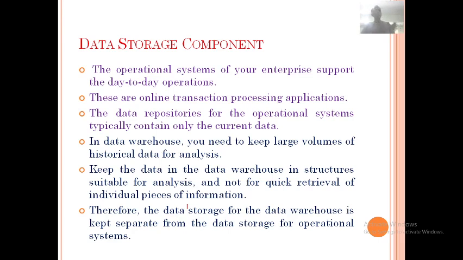Then the data repositories for the operational systems typically contain the current data. As I told, there are 10 different branches of Big Bazaar in 10 different cities. Whatever transactions the customer does will be stored in the database of that branch.